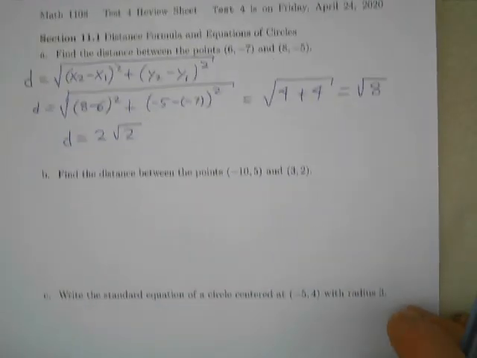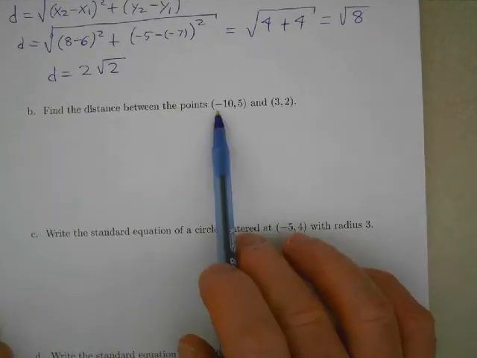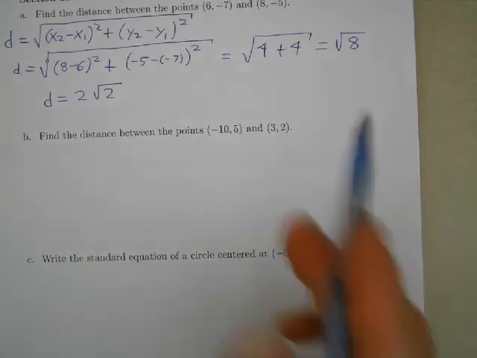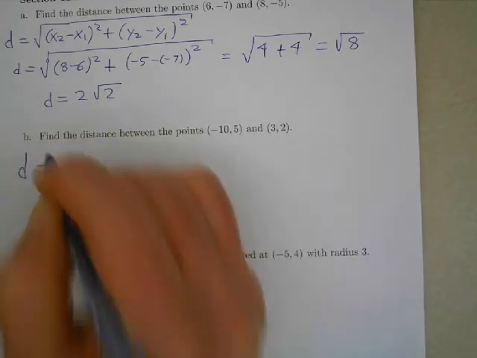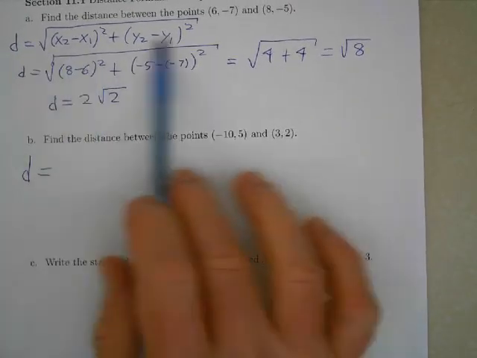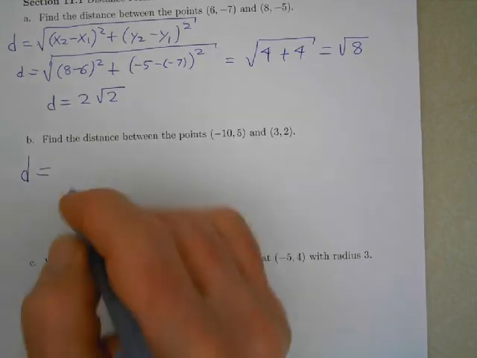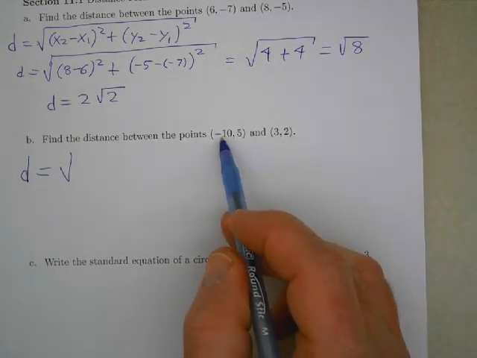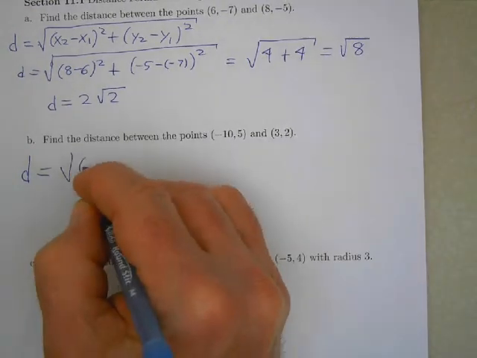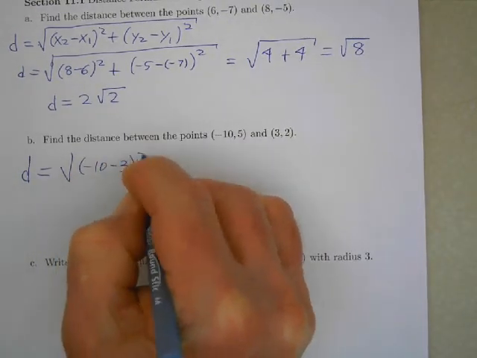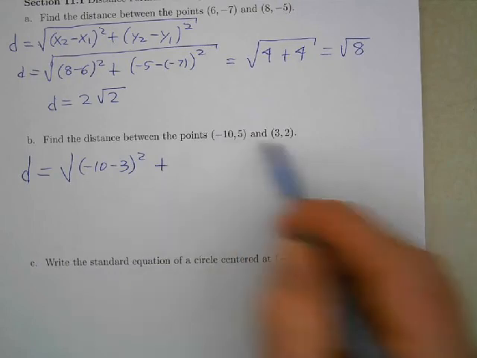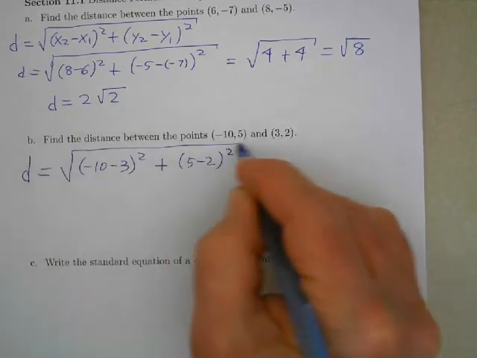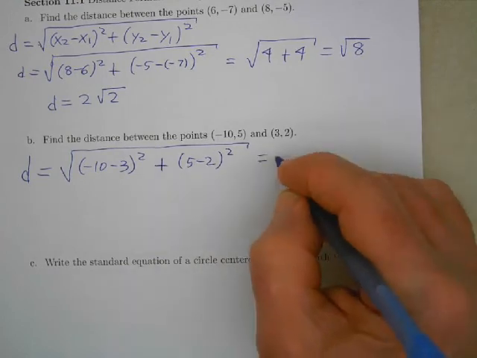Okay, in the next example, find the distance between the points (-10, 5) and (3, 2). So we already saw the distance formula. So the square root, I'll write -10 minus 3 quantity squared plus 5 minus 2 quantity squared. And then we'll do the arithmetic.